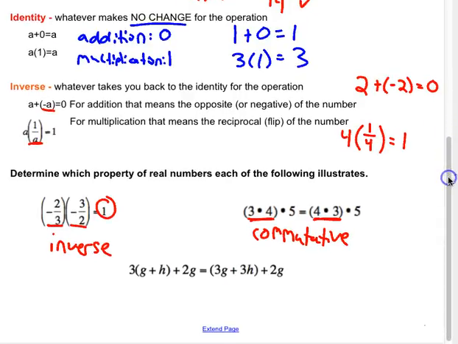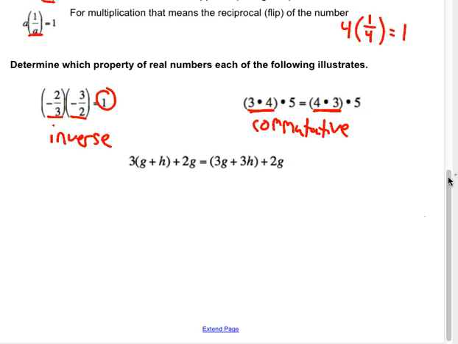So, commutative property. And this last one, I notice I'm taking that 3, multiplying it throughout that parenthesis. So this, again, is the one that I think most kids identify pretty easily. That is the distributive property.